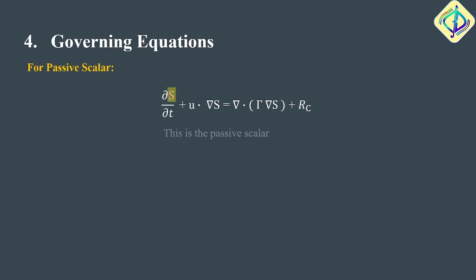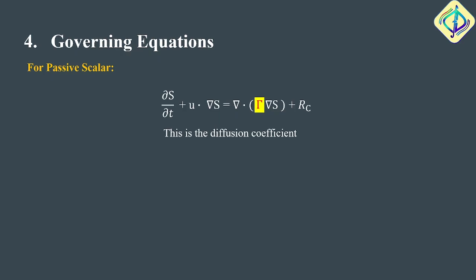So the very first term you have in this equation is S, that is your passive scalar, and dS by dt, that is your time derivative for this scalar. Okay. Then we have the divergence term for the scalar itself, that is given over here along with the velocity term. And then you have your diffusion. Again, you'll see that all of these parameters are mentioned in your solver itself.